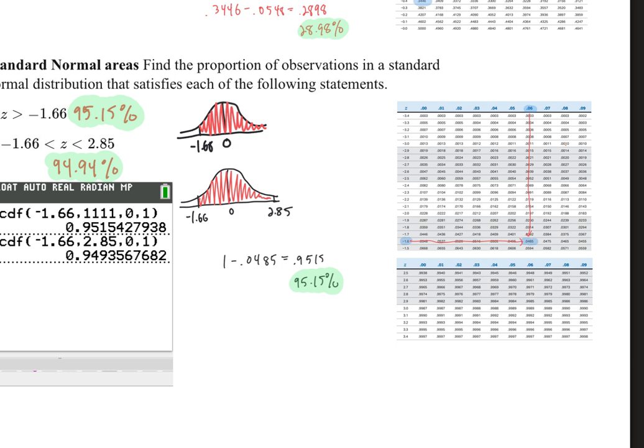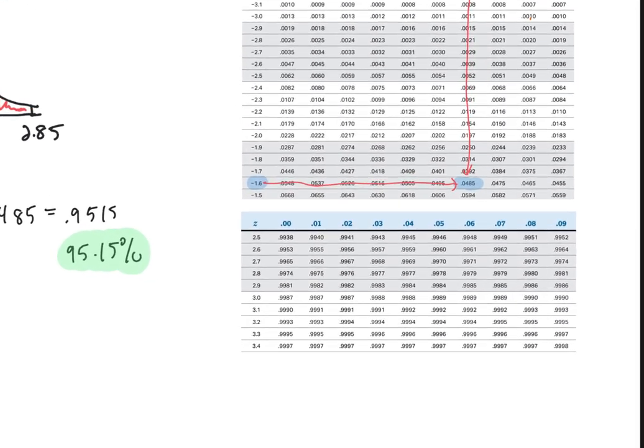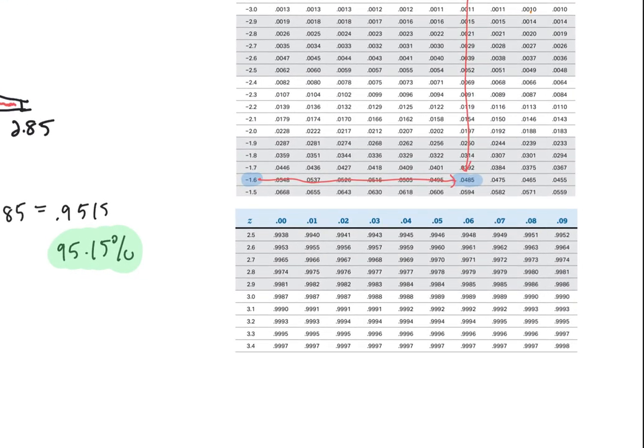Okay. So, and then part B. If we want to do part B, then we have to look at the other z-score, 2.85. So let's find that one. Okay, there's 2.8 there, and there's 0.05, so we're looking at that number there.